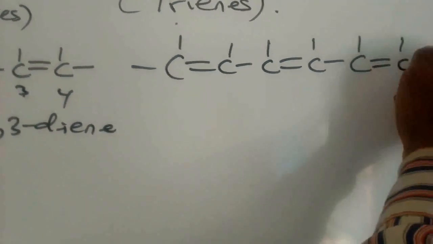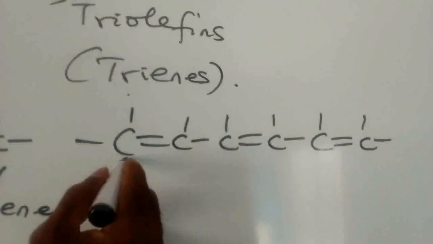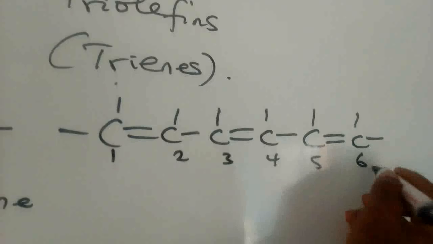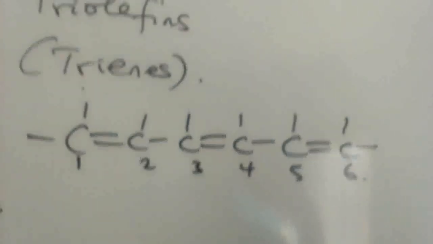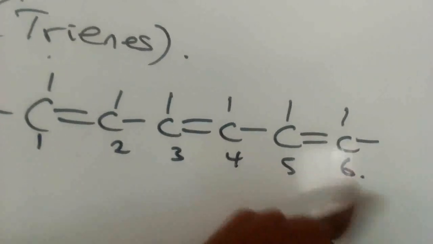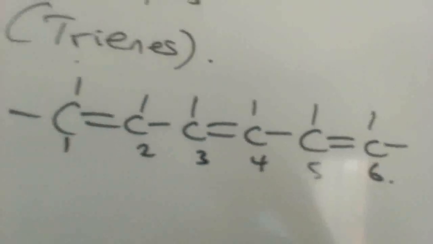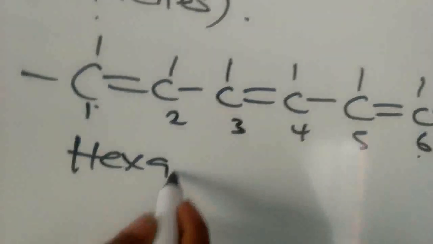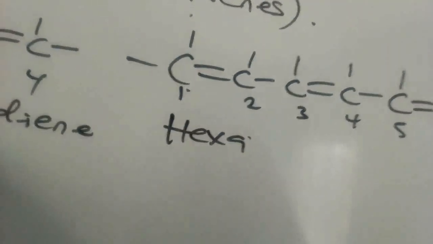So this is a triene, as you can see, with triple bond. Let's number it 1, 2, 3, 4, 5, 6. The double bonds occur between 1 and 2, 3 and 4, and 5 and 6. So this is a skeleton of hexane, or you have hexa, which signifies plural, like buta instead of saying but, there are 2.